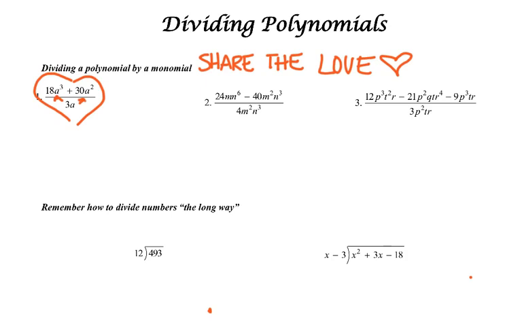because really this means 18a cubed over 3a plus 30a squared over 3a.